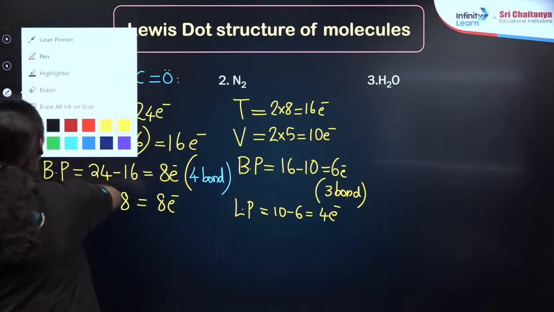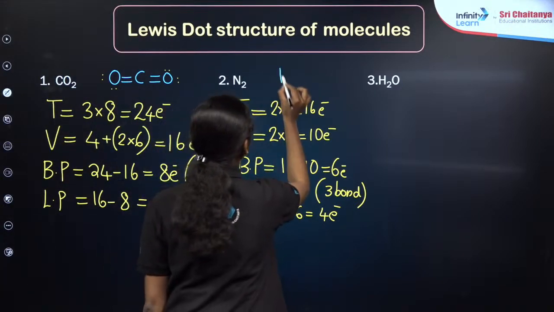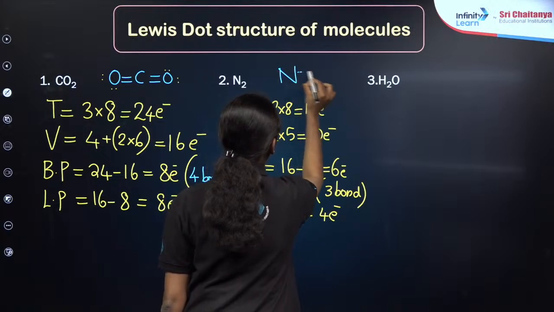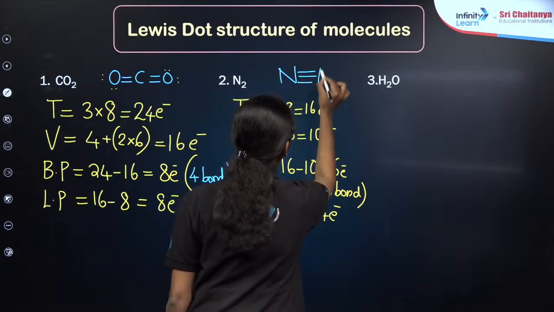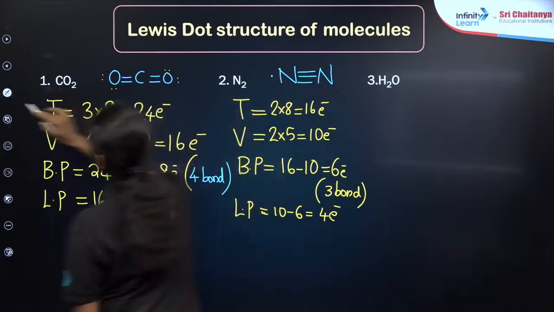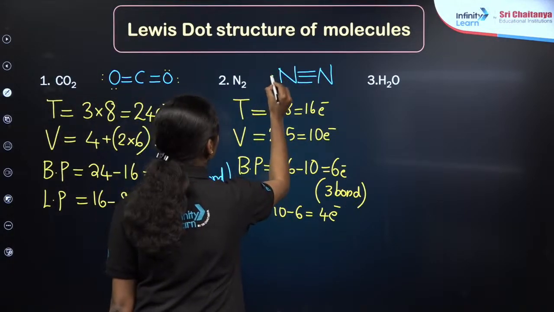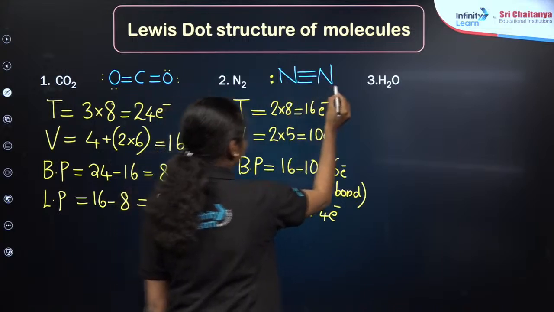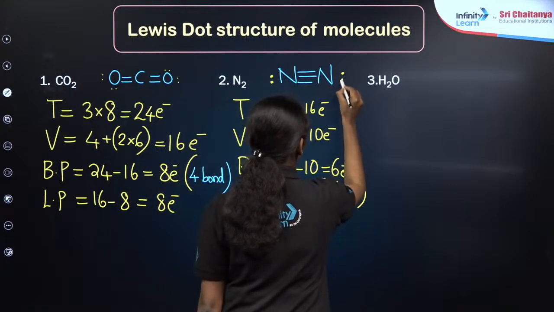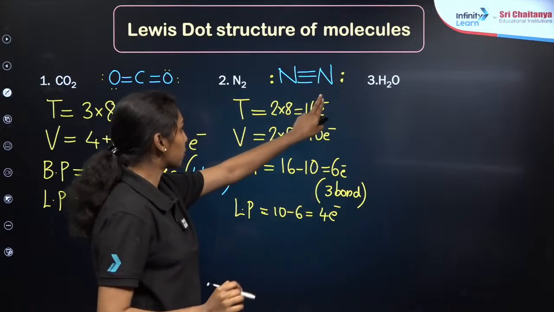So now I am drawing the Lewis dot structure of N2 molecule. This will be the structure. 3 bond pair, right? This is the 3 bond pair. Then 1, 2, 3, 4, 4 lone pair of electrons are possessed here.